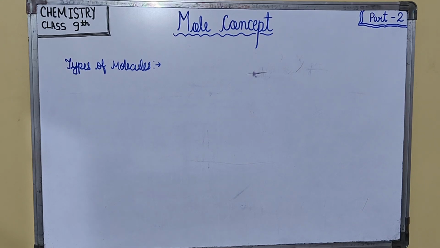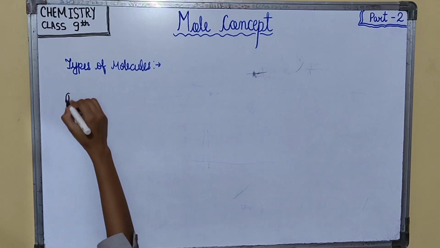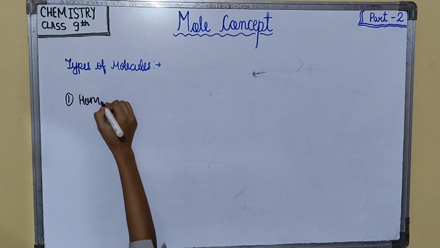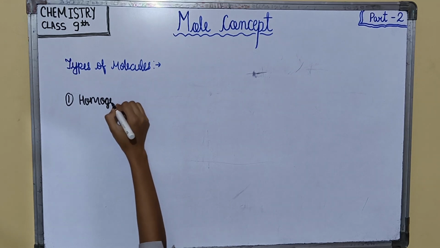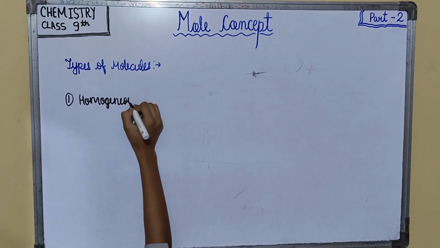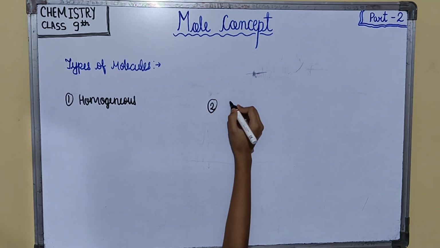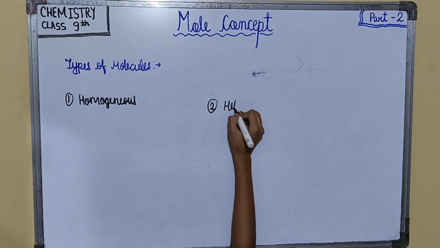Thus molecules can be categorized as homogeneous molecules, and the second one will be heterogeneous molecules.